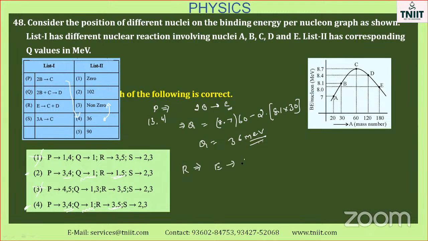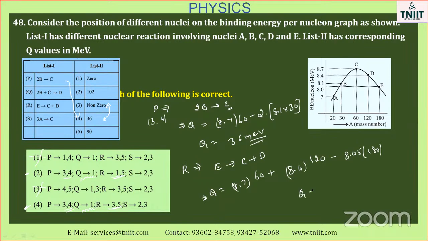What is R? E giving rise to C plus D. So what is the energy released here? For C, it is 8.7 into 60. What about D? 8.4 into 120 minus E. E value is 8.05 into 180.